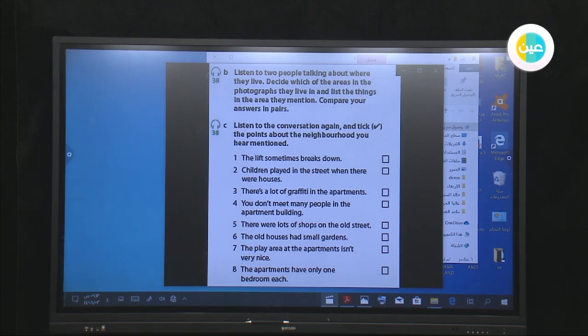I can imagine. Well, I like it here, but I've always lived in apartments. They're easy to keep clean, and they're cheaper than houses. The supermarket is really convenient, too. Still, I'd love to have a garden. Yes, we used to have some nice flowers and an apple tree in ours. Okay, let's see if the lift is working, and you can come up and have a cup of coffee. Thanks. I'd love to.